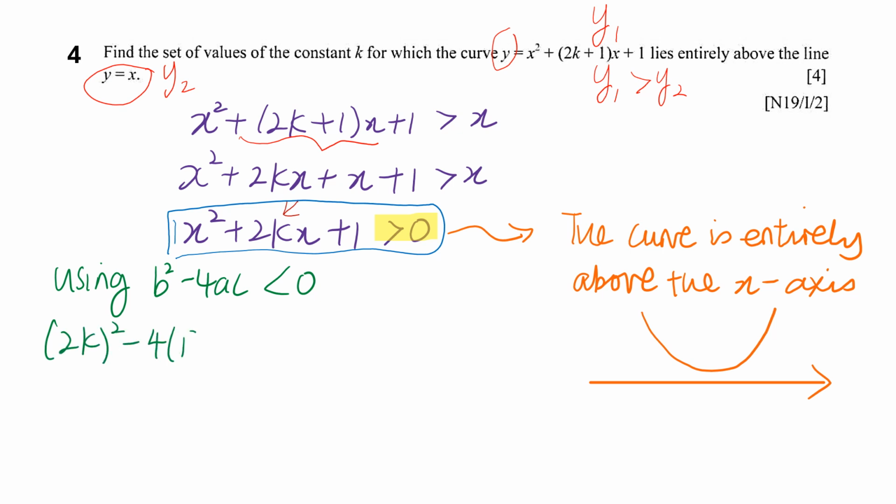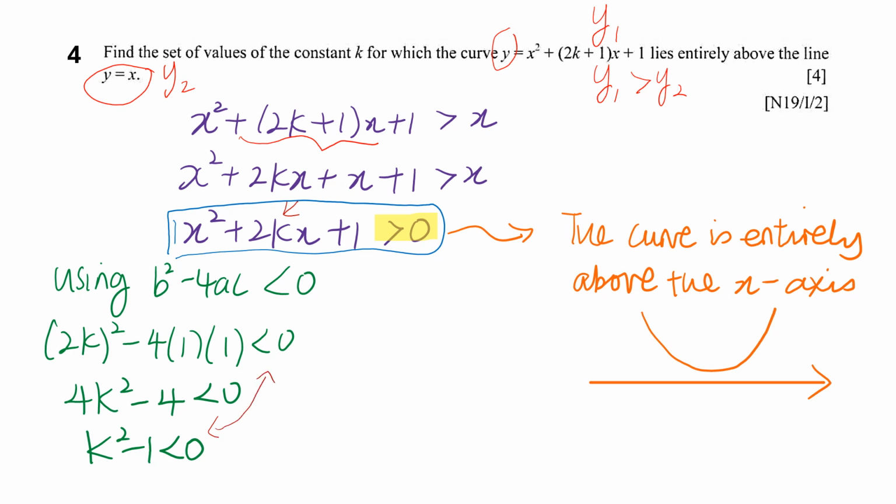So we substitute in the value of b, which is 2k. b is the coefficient of x, which is 2k here. Divide by 4 on both sides. Okay, so here comes a danger. Why do I say it's a danger? Because many folks will go on and do this, which is ridiculous, which is wrong.